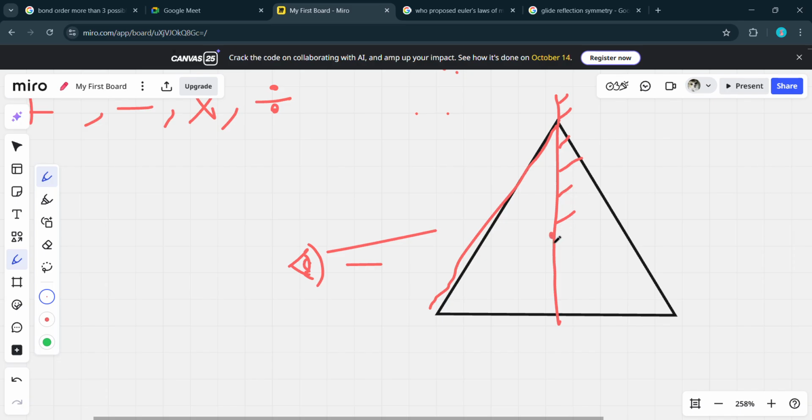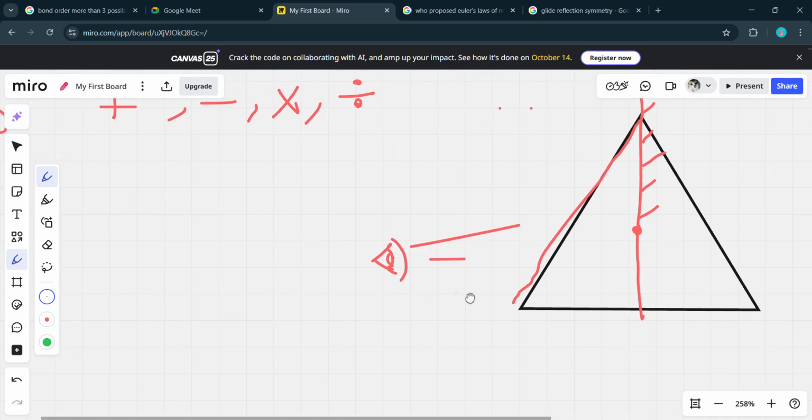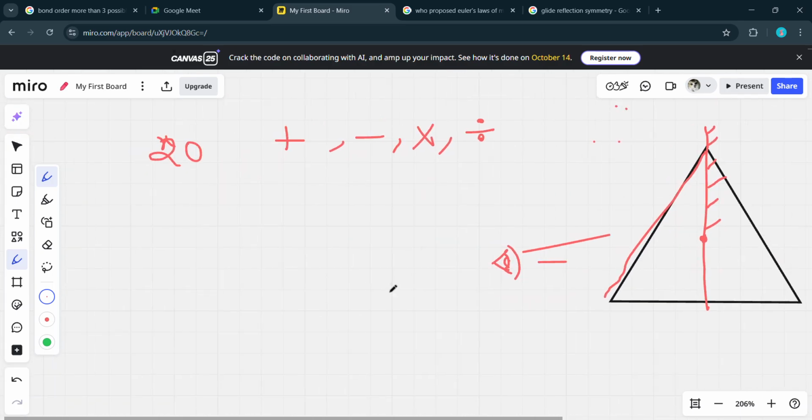Similarly, after rotating it about this point by some angle, which I will tell you later, not now, you get back the original thing. That is also an operation you performed, for which you get back the original thing. That is how you define symmetry.